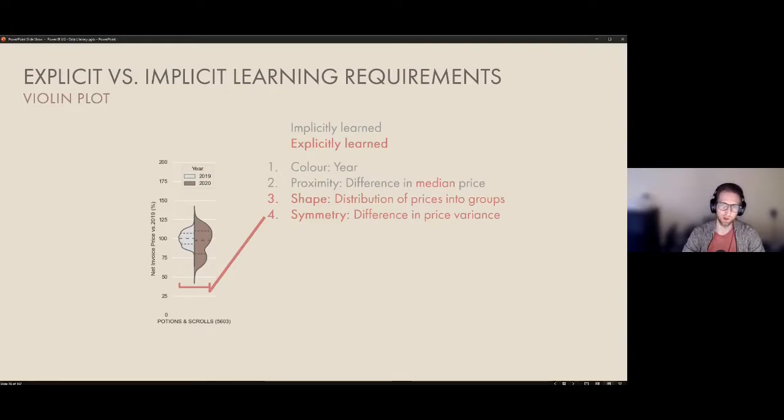Also, this symmetry, being able to really see that difference in price variance to do that comparison, is also something that we can't implicitly deduce. And the relative size of these shapes shows us the probability of a data point in that given area. So in 2020, there's a higher probability of a customer with a price 75% lower than the year before, versus in 2019, where everything seems to be grouping very similarly together.